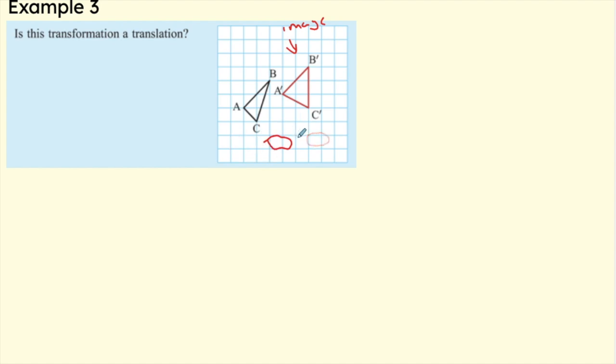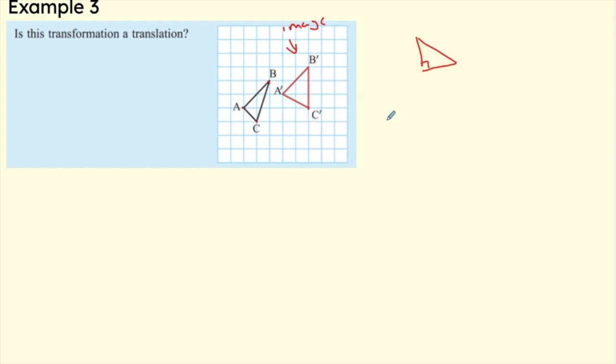So here's how we can test it. We take each point and we see how far they've moved. And we can do this via distance, so we could do a distance triangle with Pythagoras, or we could just count.